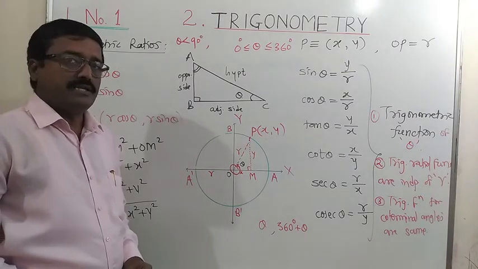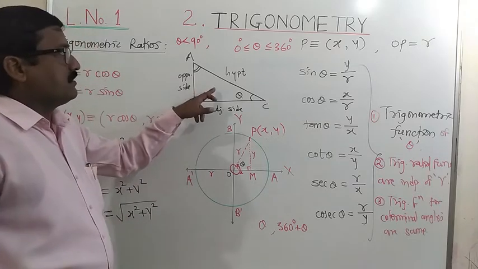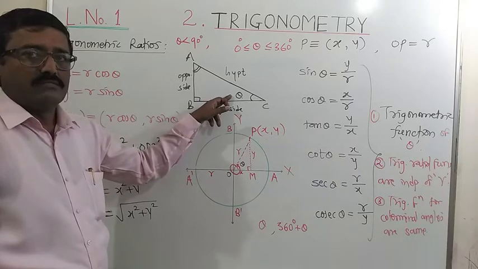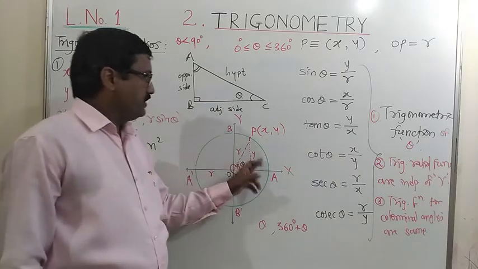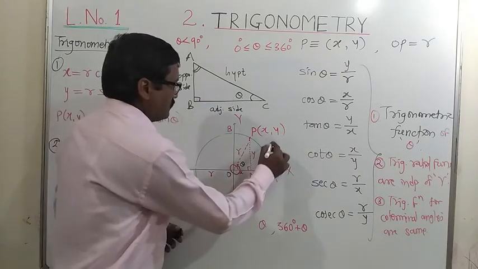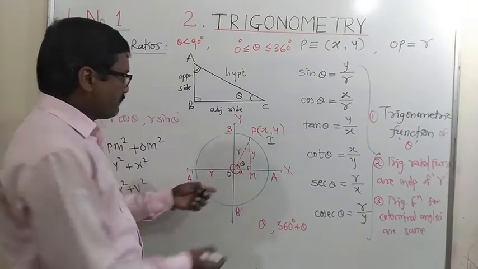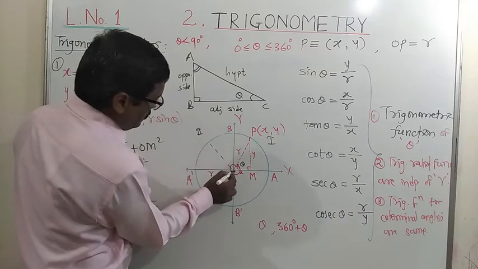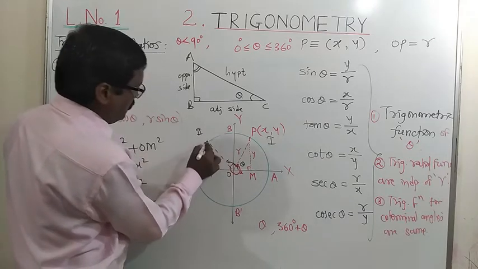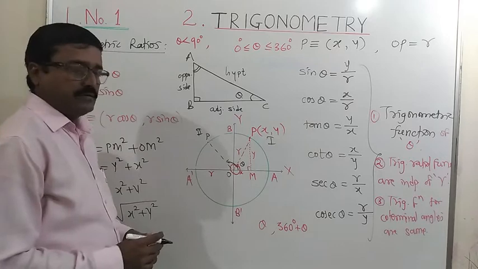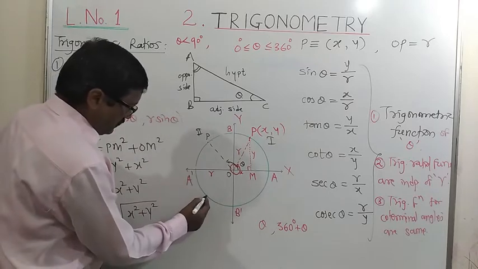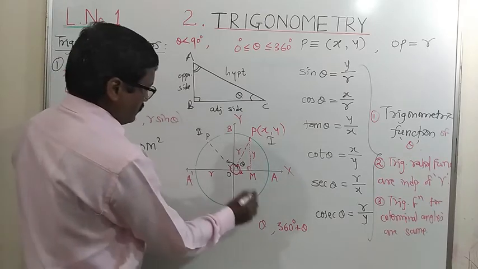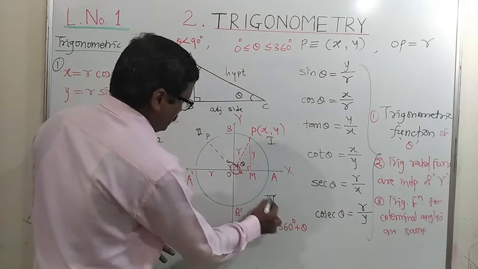As we have learned in 10th class or 9th class, all the trigonometric ratios are positive because this theta is an acute angle. Whenever the point is in the first quadrant, this theta will be acute. If the point is in the second quadrant, then this theta will be an obtuse angle. If it is in the third quadrant, it will become more than that, and the same in the fourth quadrant.